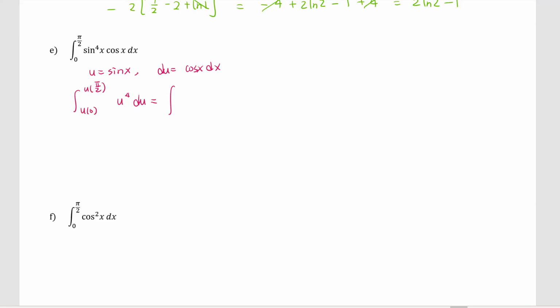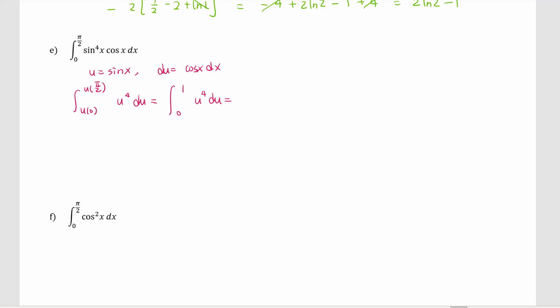Oh, okay. What's u of 0? Sine 0 is 0. u of pi over 2, sine pi over 2 is 1.